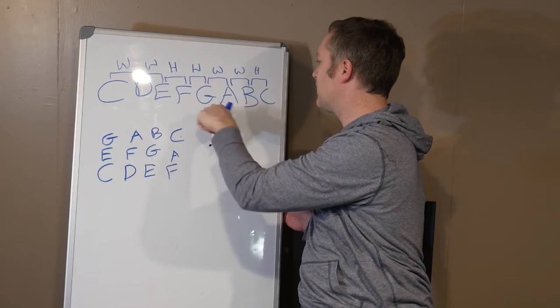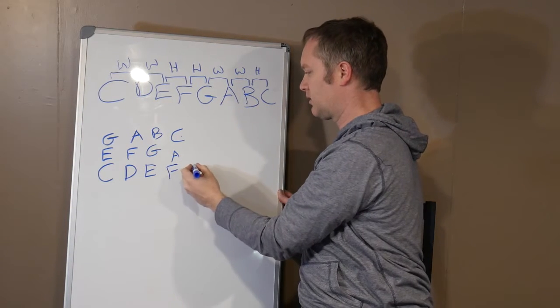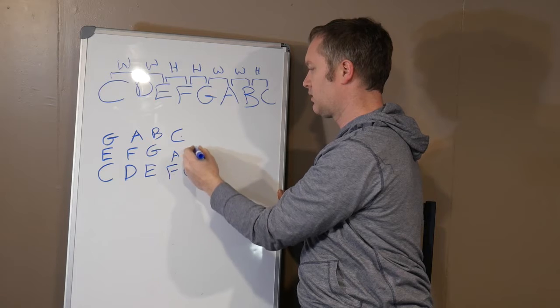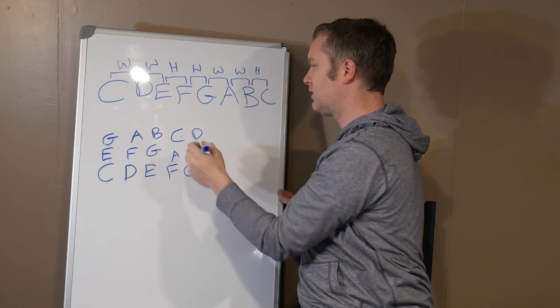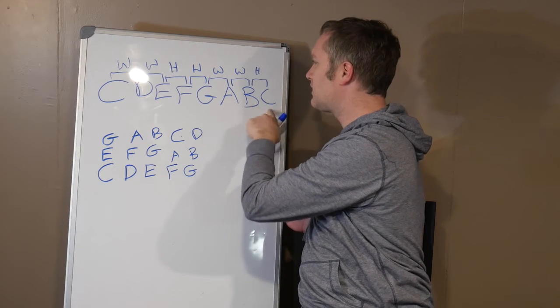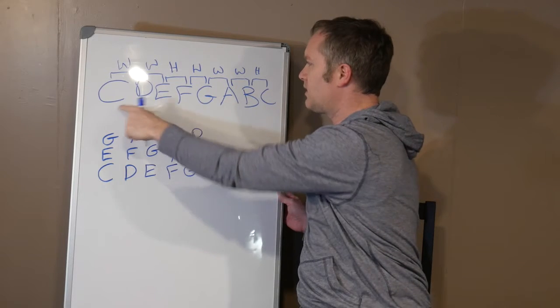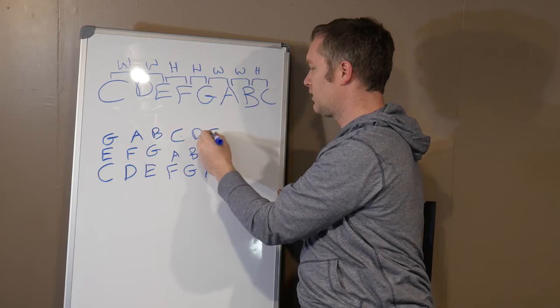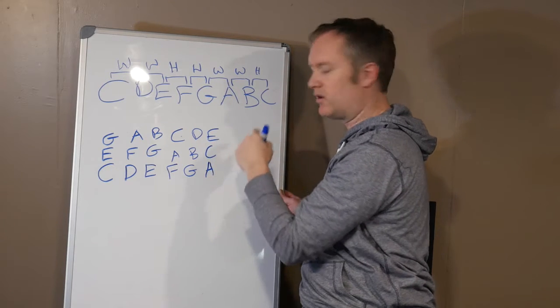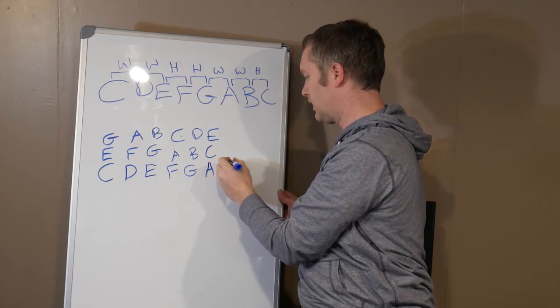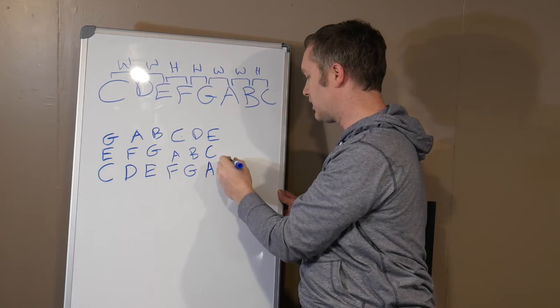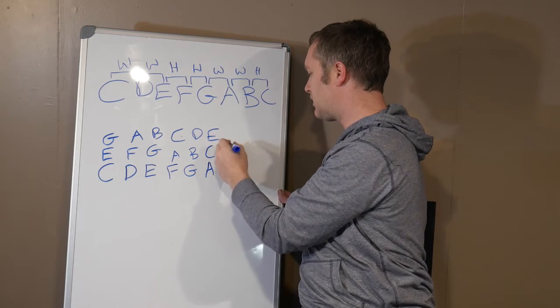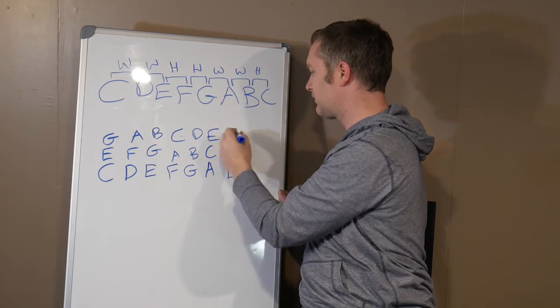If we continued on, G, B, D is a G chord. A, C, E. So it's just every other note, every other letter. And now B, D, F.